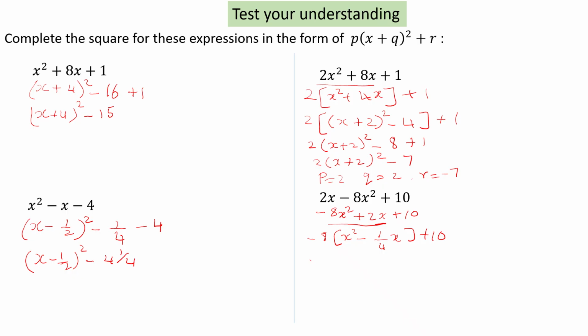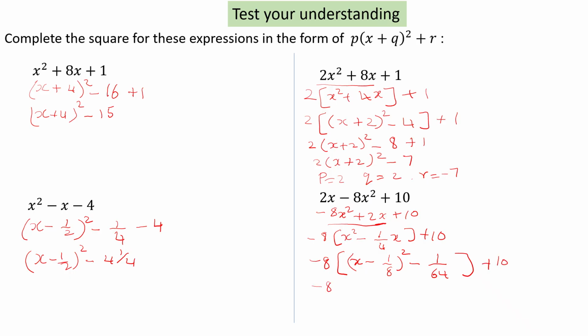So now negative 8, do the completing the square. So x minus half of the x part, which is 1 over 8, squared, minus 1 over 8 squared, which is 1 over 64, plus 10.